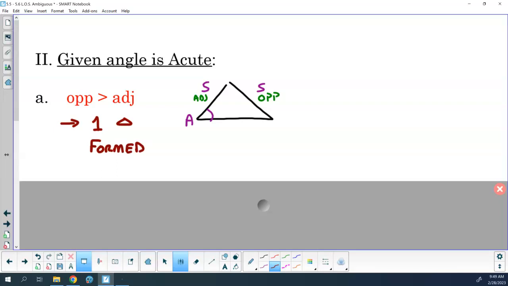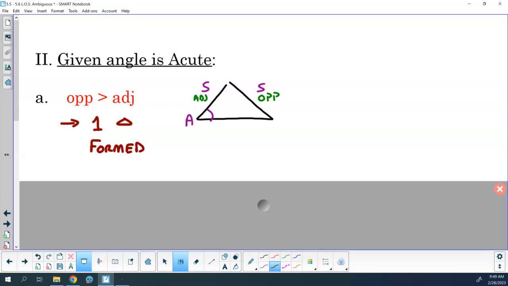You get one triangle, use law of sines, and move on with your life. So far, if the opposite side is bigger than the adjacent side, in your given statement, you only get one triangle. In both cases, acute or obtuse.